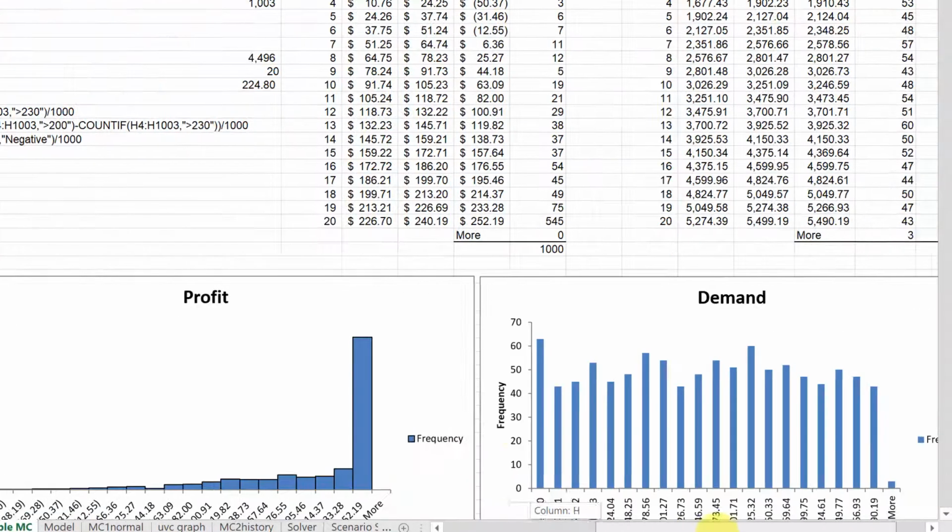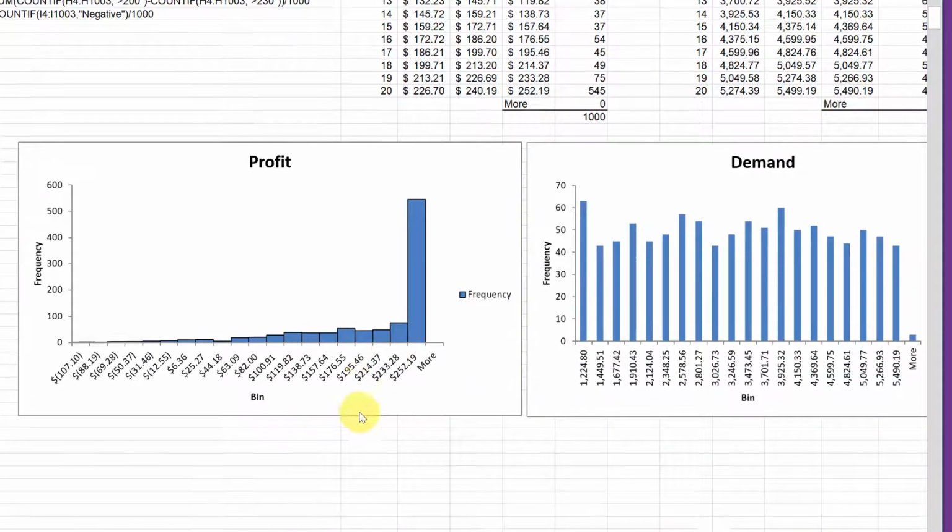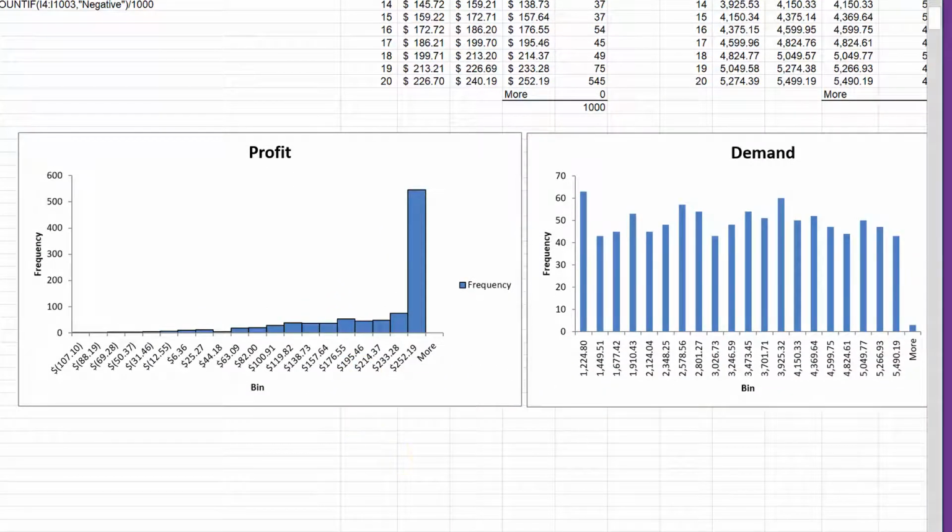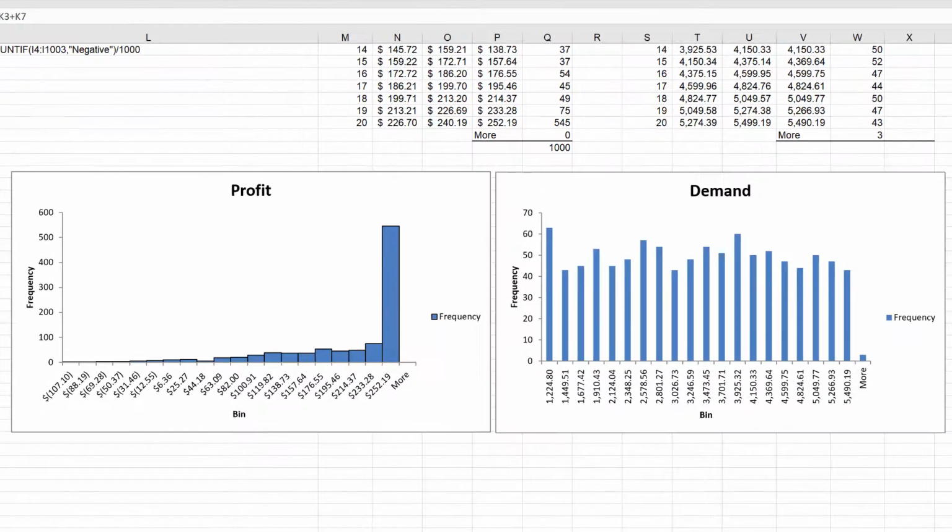And I'm going to zoom over here. I've built the histograms using the technique that we've seen, and this profit distribution is obviously not normal, not a t-distribution. So we have to be very careful using a standard distribution to model this.